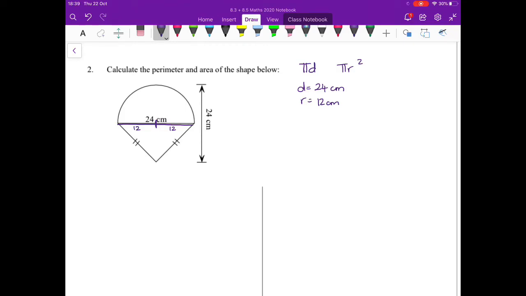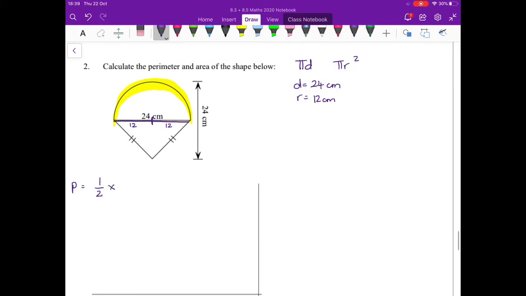Let's work out just this part here. Remember we have half, so the perimeter is going to be half pi d, half times pi times d, which is going to be a half times pi multiplied by my diameter, 24.